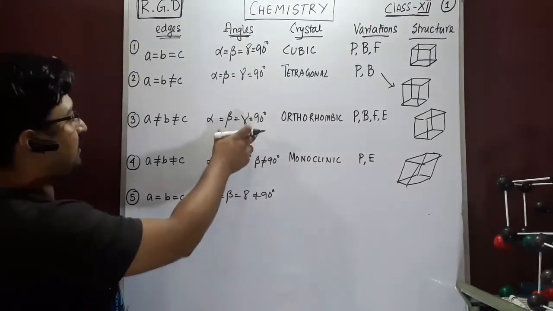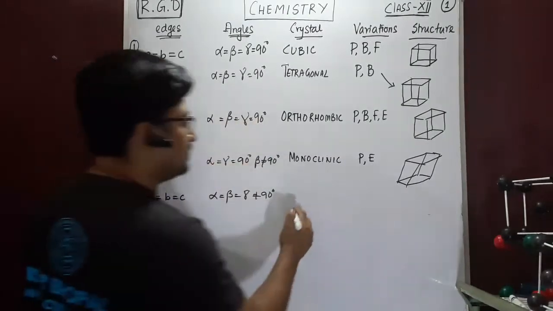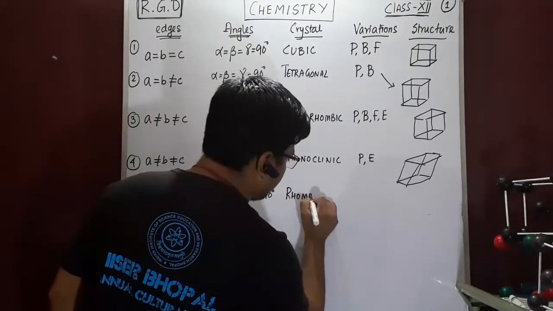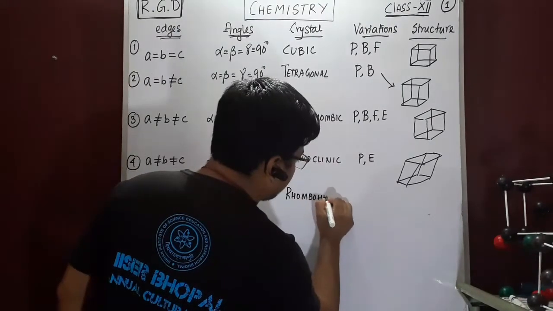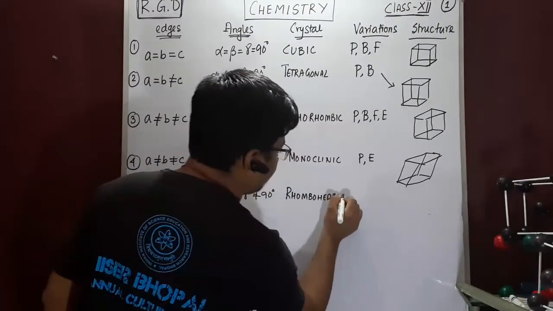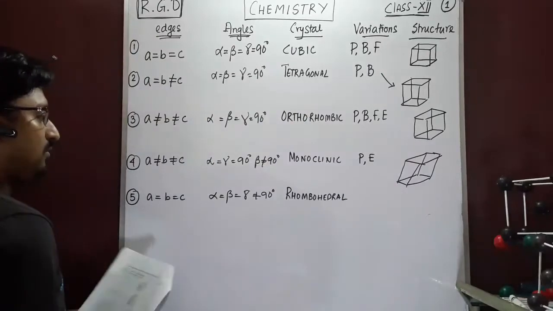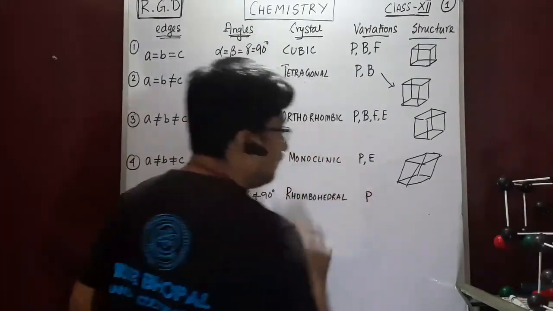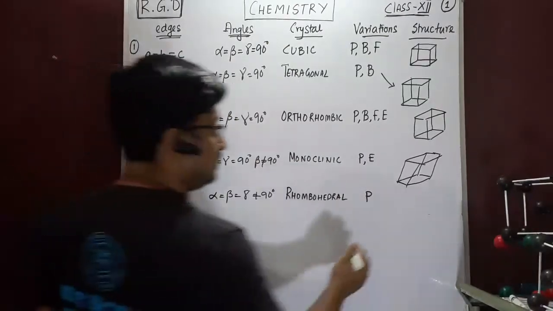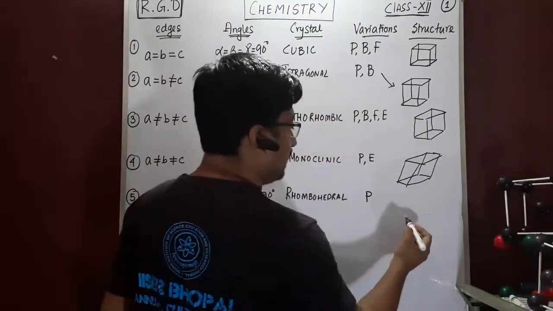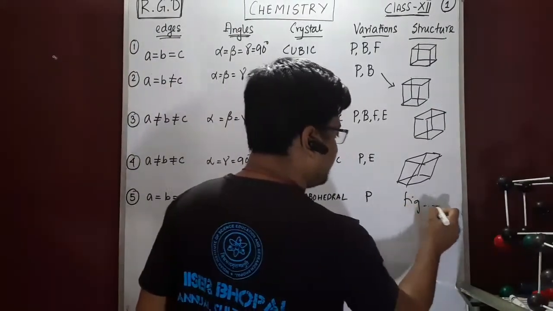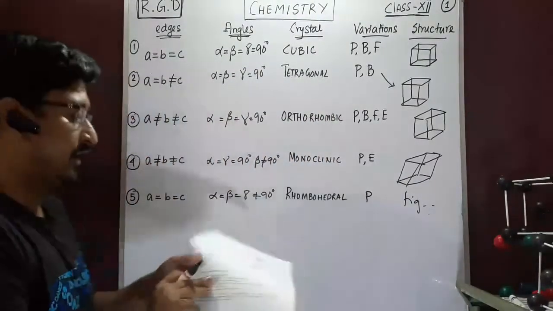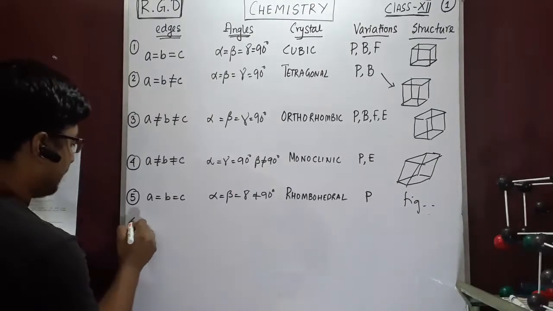Just opposite to this case. So this is known as rhombohedral. So what can happen? It can happen only as a primitive lattice. And the figure, you can check. It's very tilted. Okay. Awesome.